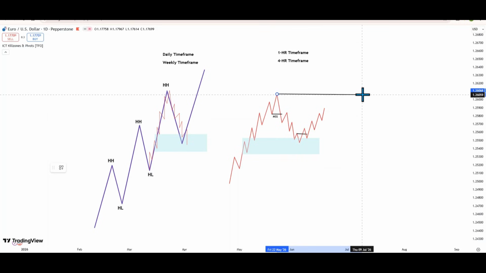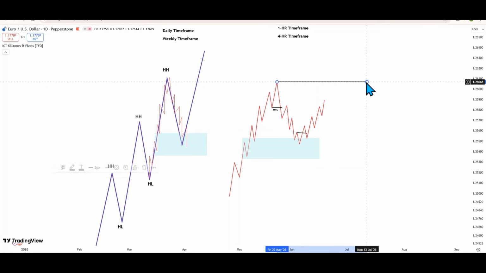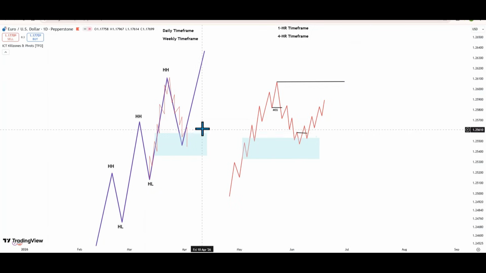Your target is this high here, because we know if a market is trending bullish and we are done with the pullback, the next high probability draw on liquidity, or the place we expect the market to go to, is to go make a higher high. And this is how you now get high probability trade setups.